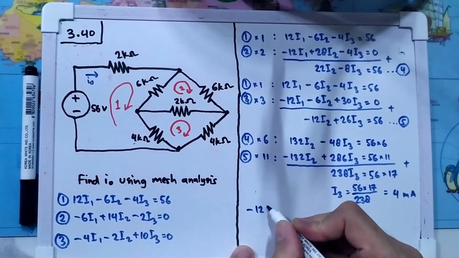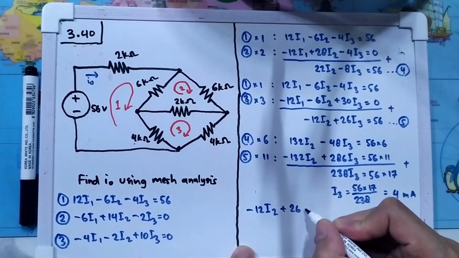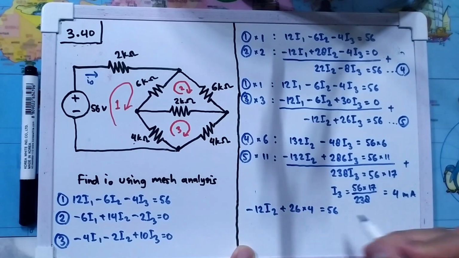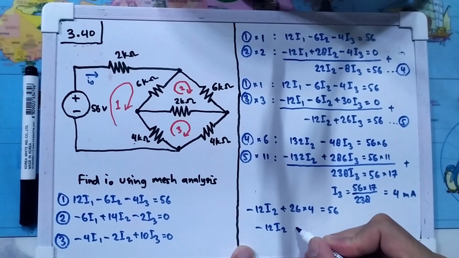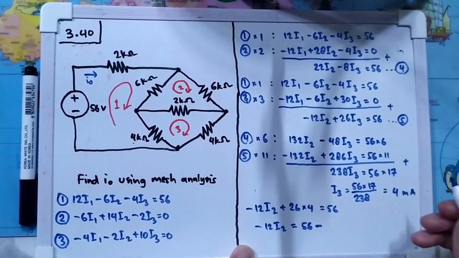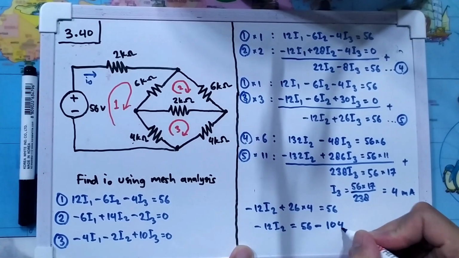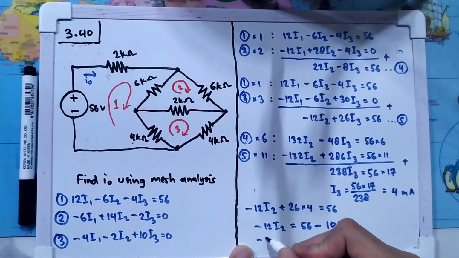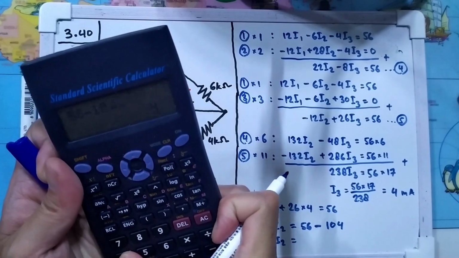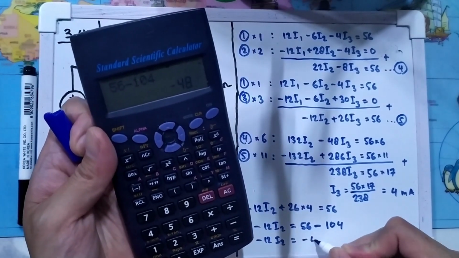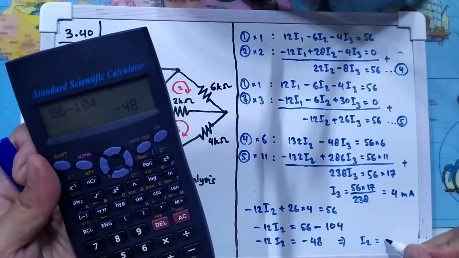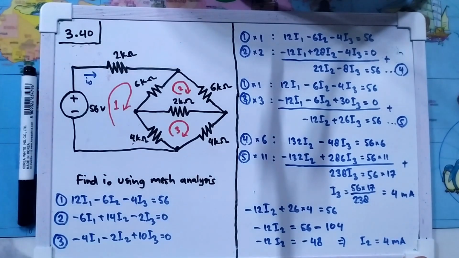So I will have minus 12 I2 plus 26 I3 is 4, and that will equal to 56, and I will have minus 12 I2 is equal to 56 minus this 26 times 4 is 104, and minus 12 I2 is, what is it, 56 minus 104, it is minus 48, and again I2, I got I2, it's 4 milliampere.